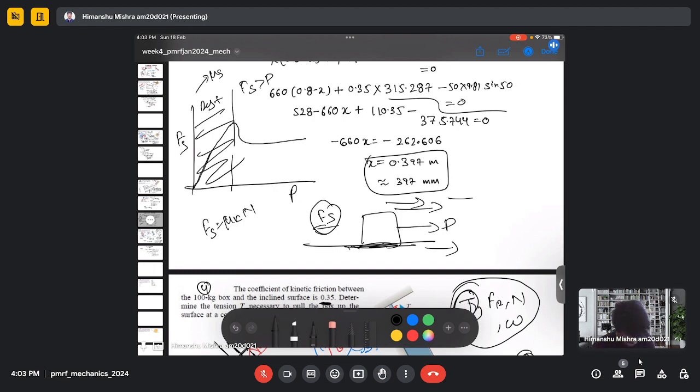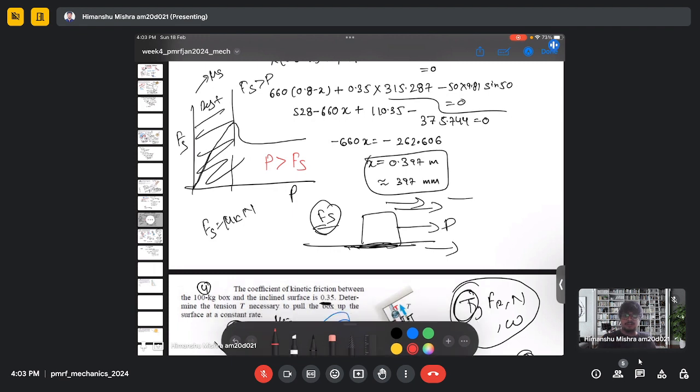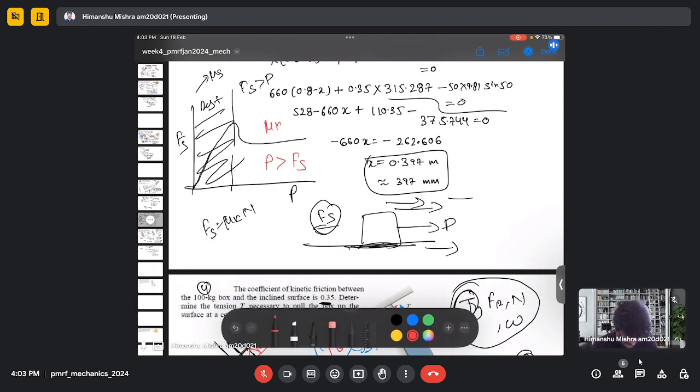Then this is the region where my external force is greater than friction force, and in this region the block starts moving. So this region is determined by the kinetic coefficient of friction, which is usually always less than the static coefficient of friction.